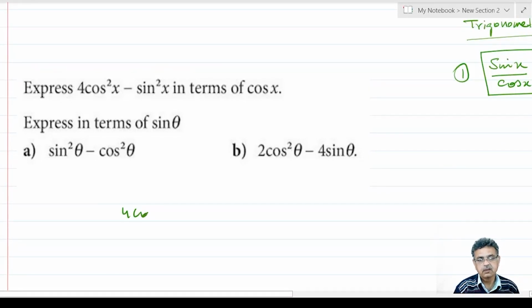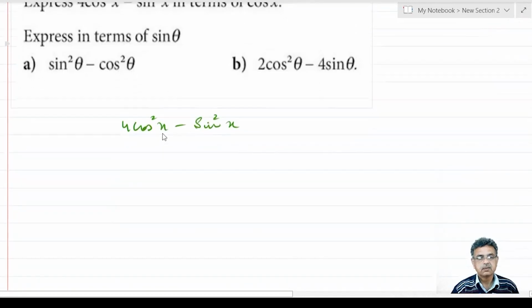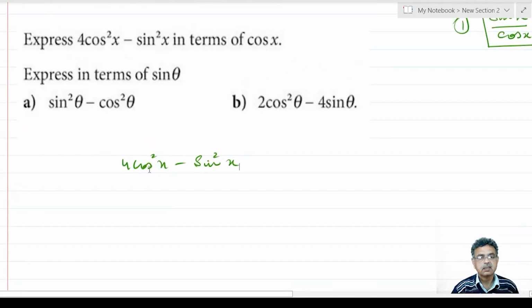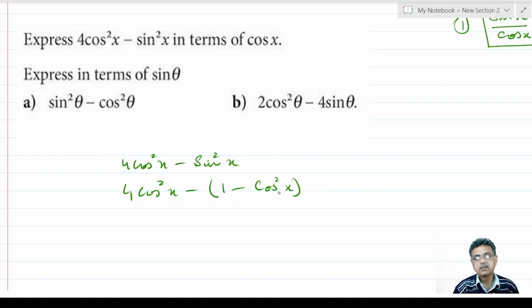Four cos square x minus sin square x. This one is already in terms of cos x. This is to be replaced. So 4 cos square x minus (1 minus cos square x). We discussed just now that sine square x can be written as 1 minus cos square x.